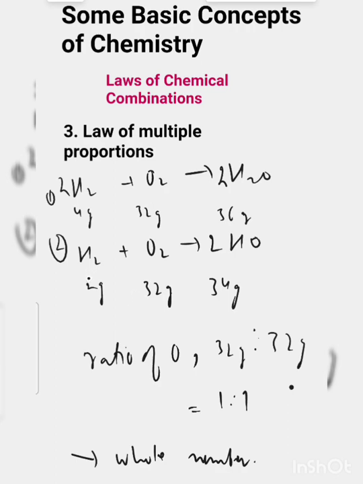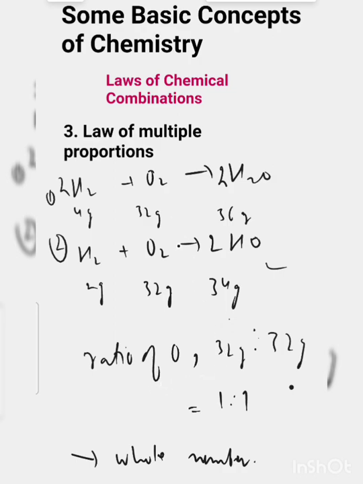So the law of multiple proportion says that when two elements, in this case hydrogen and oxygen, combine to form two or more than two compounds, you can see in the first reaction water is forming and in the second reaction hydrogen peroxide is forming, then the masses of one of the elements which combine with a fixed mass of the other, in this case oxygen, are in a simple whole number ratio.